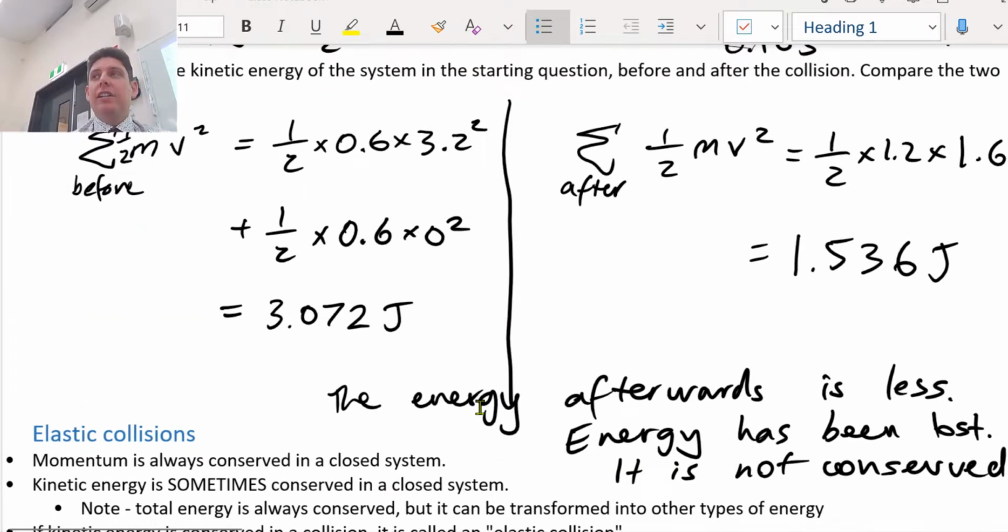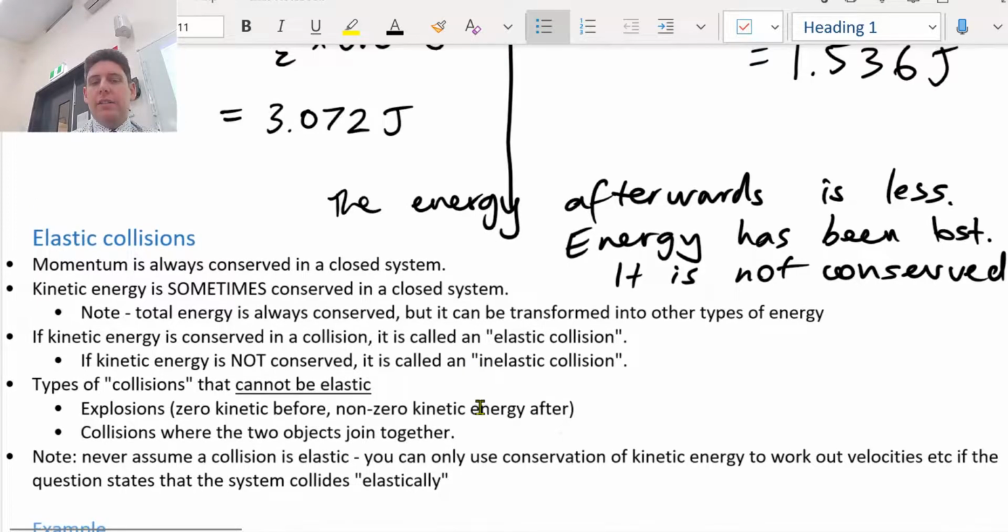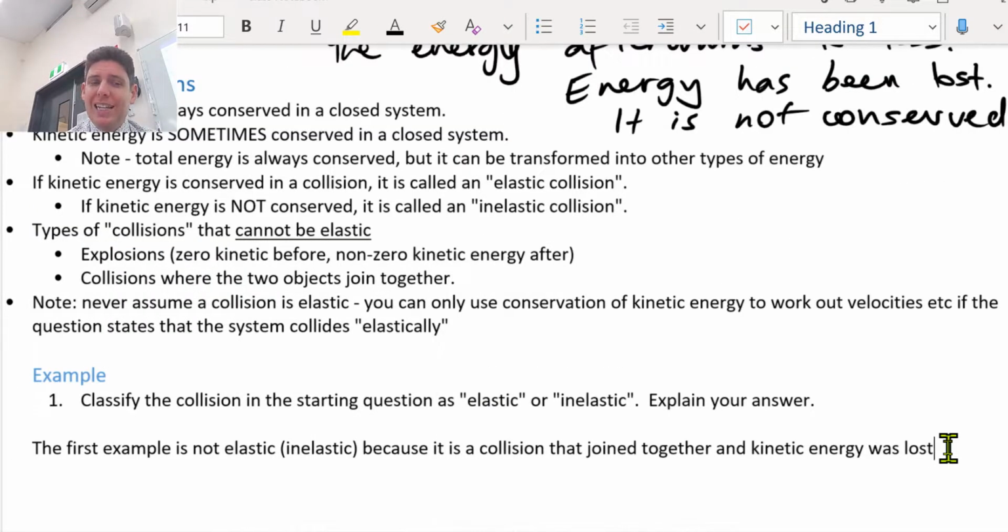What happened to the energy? It was lost, so it's not elastic. So the first example is inelastic because it is a collision that joined together and kinetic energy was lost or was transformed to heat or sound or light.